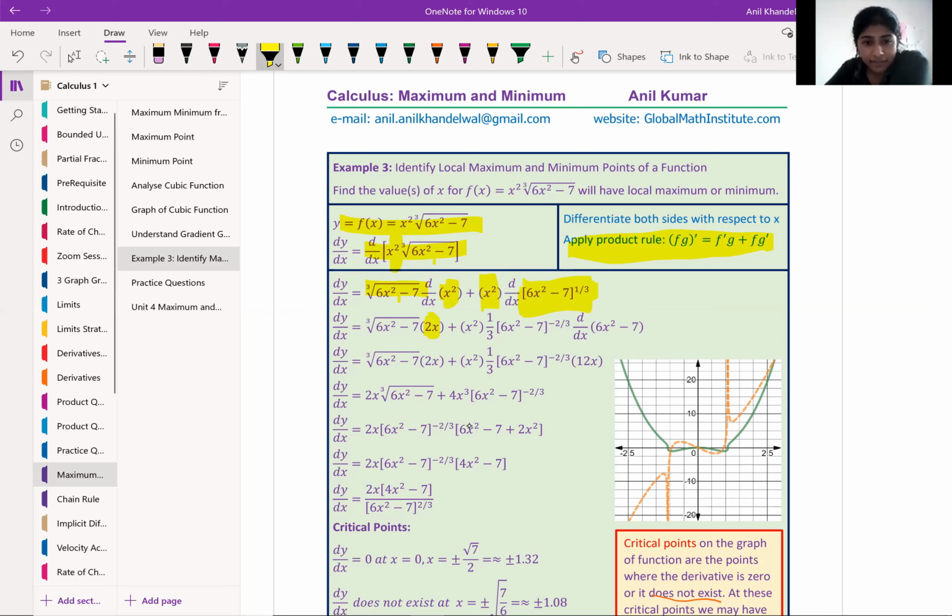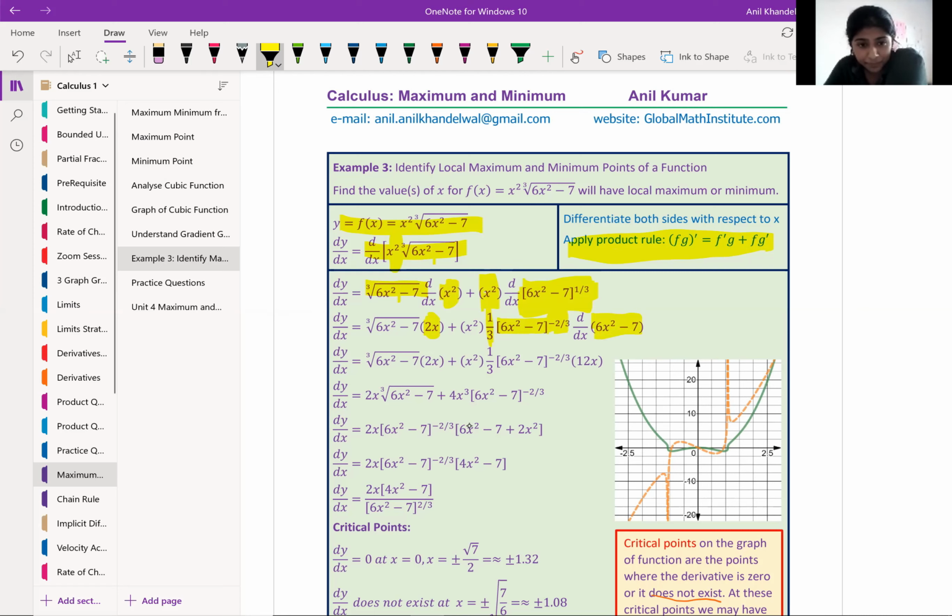Yep. The derivative of 6x squared minus 7 to the third is where you bring the third to the front, then you multiply it by 6x squared minus 7, then you do a third minus 1, which is minus 2/3, and then you times that by the derivative of the function in the brackets, which is 6x squared minus 7.